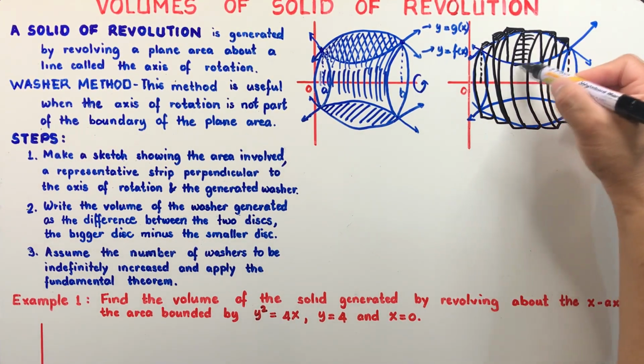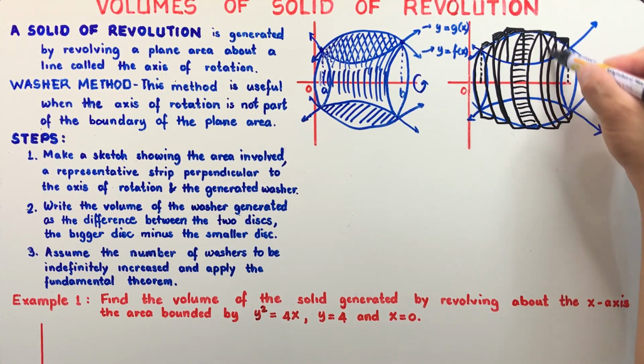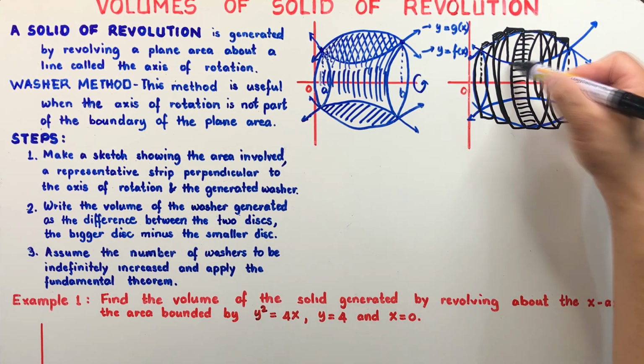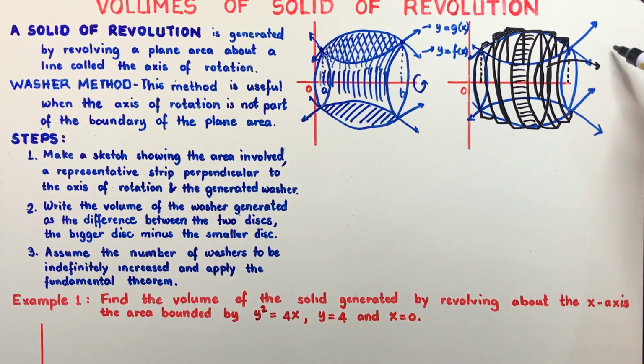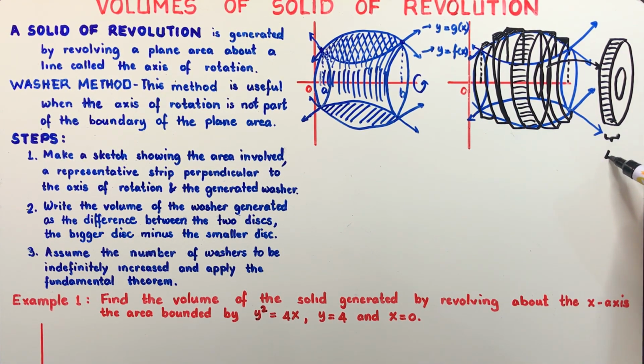And suppose we consider one element in this one and take this out here, we notice that this is not simply a disc, but a washer. There's a hole at the middle. So to find the volume of this, we first find the thickness of this washer, and the thickness is delta x.